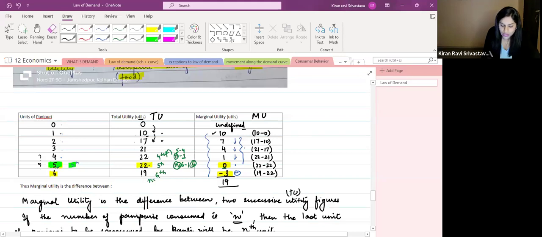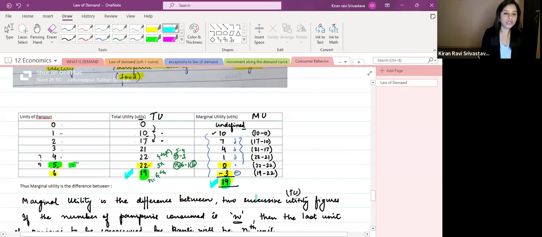So you can see that the marginal utilities, when added up, give you the total utility of the sixth unit. Could you see this? When you add up the marginal utility of all, you get the total utility up to the 6. So this will always be equal to this.